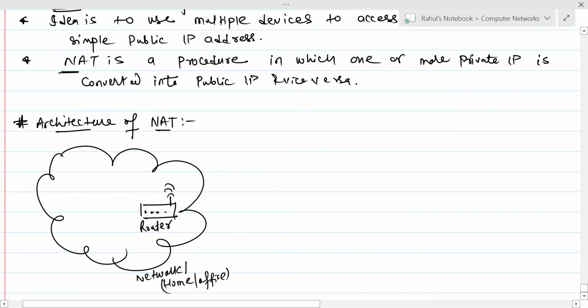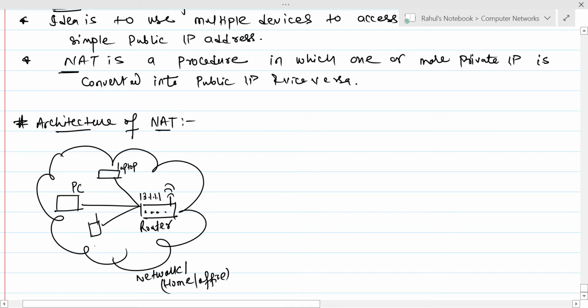Let's say the IP address associated with this router is 13.1.1.1, and it is connected to some devices. Let's say our laptop is connected to it, and our PC, and our smartphones.